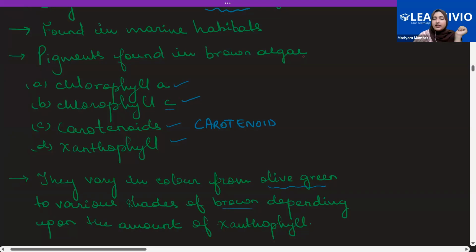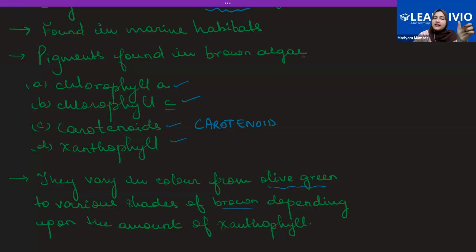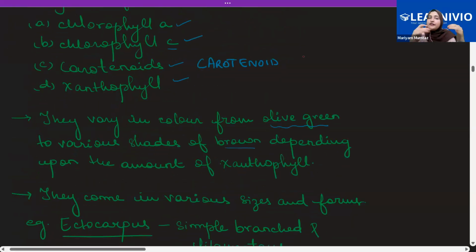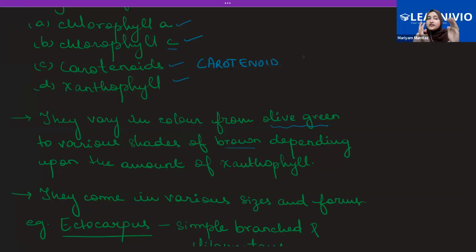They also have chlorophyll A, but they don't have chlorophyll B. Instead, they have chlorophyll C. Then they have carotenoids and xanthophyll. Despite having chlorophyll A and chlorophyll C, the amount of xanthophyll is a lot, because of which they give olive green to brown shades.